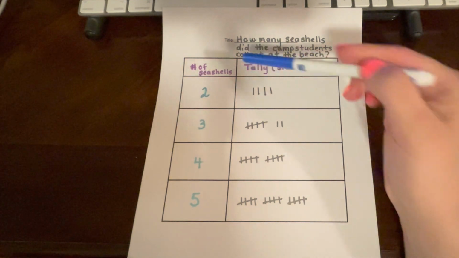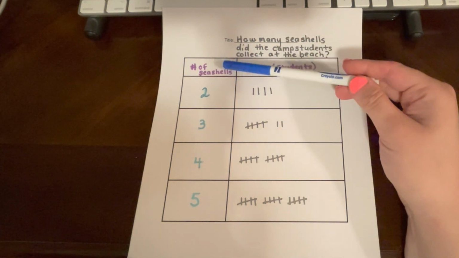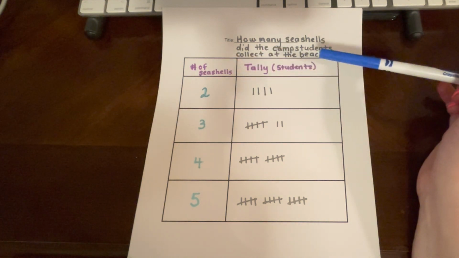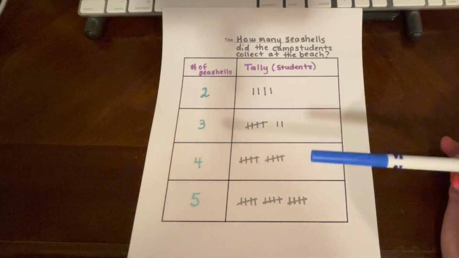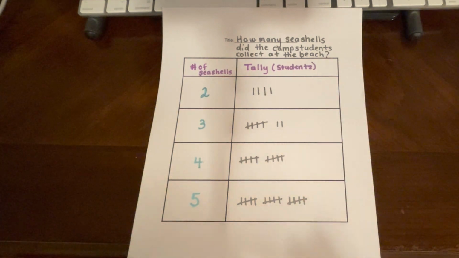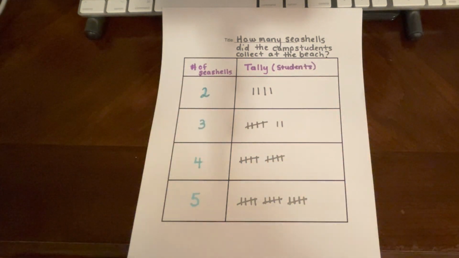So for example, in my data that I collected for this question, I had a number of seashells, and then I had my tally marks that represented the students. Okay, so 2 kind of different things that are number representations.